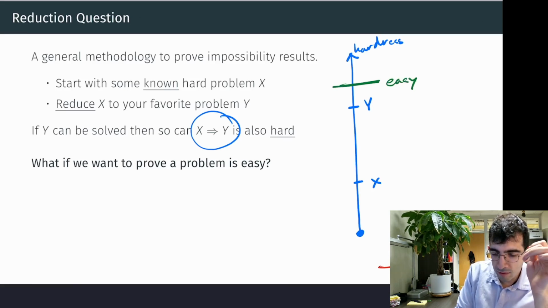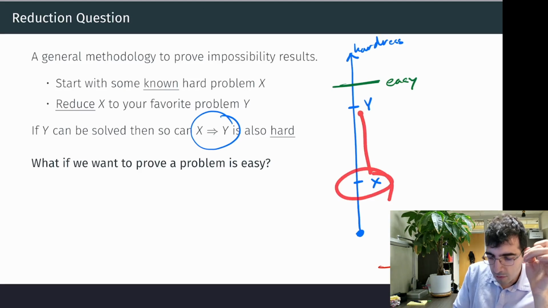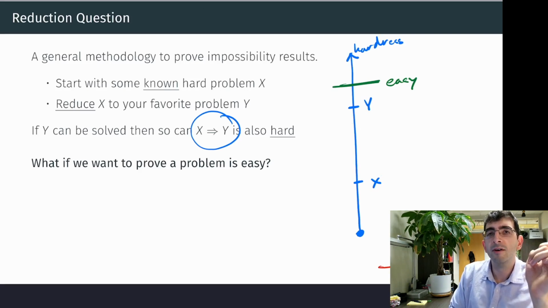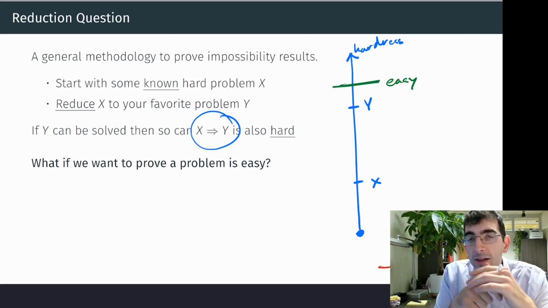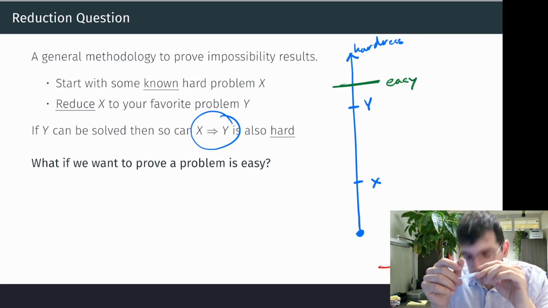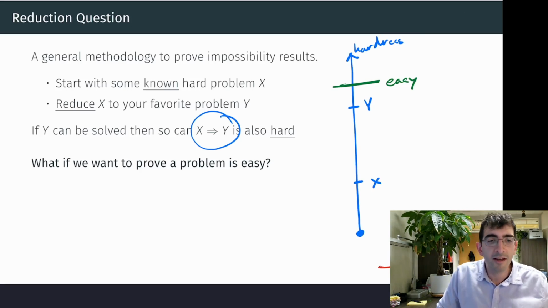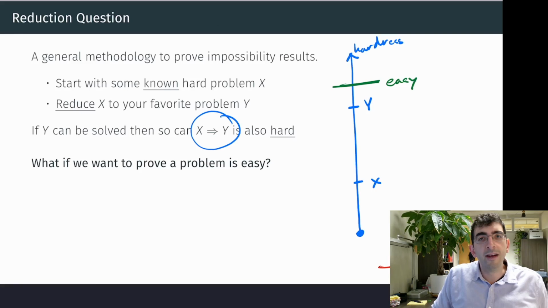So you have to reduce an unknown problem to a known easy problem. Okay, that's the big thing here. I hope that makes sense. So remember the reduction directions, and we're going to practice that more throughout the lecture. But just keep this in mind.